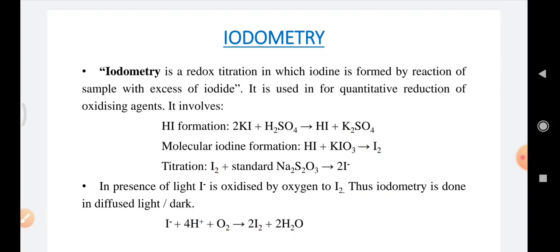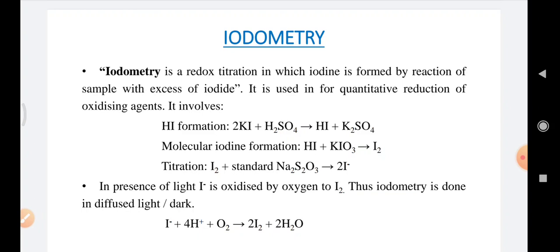We cannot use other acids like HCl because along with the production of hydrogen ion, it will produce chloride ion, and the halogens are very reactive and may produce other side reactions. And also we cannot use any weak acid in this reaction, so we are using H2SO4.